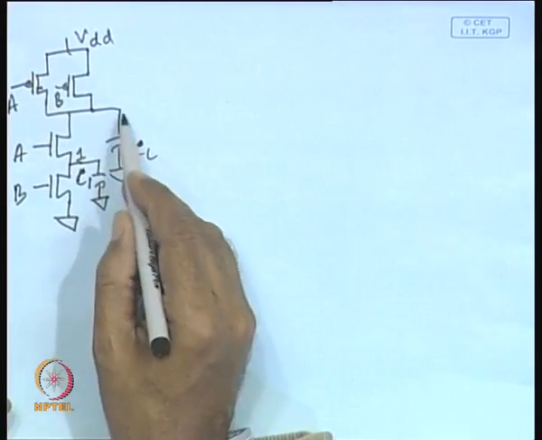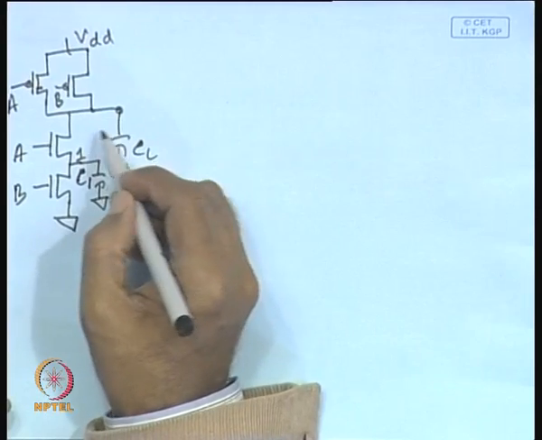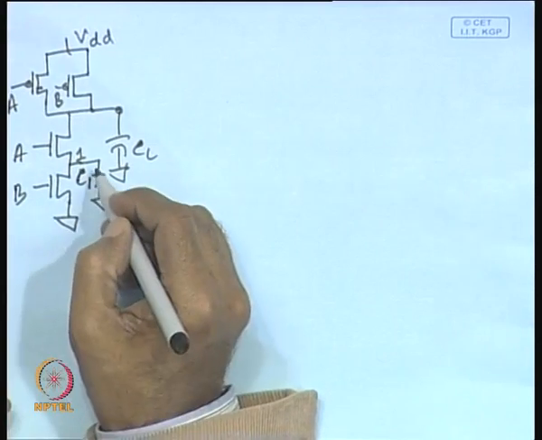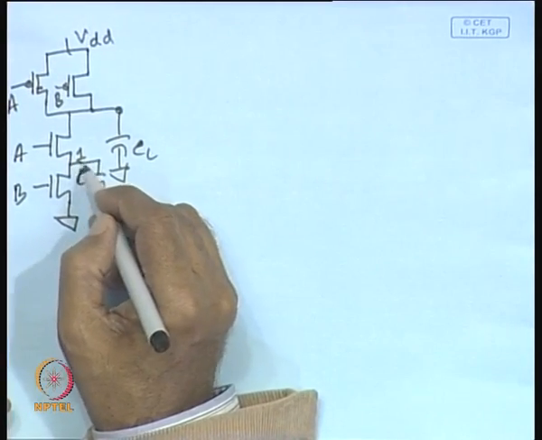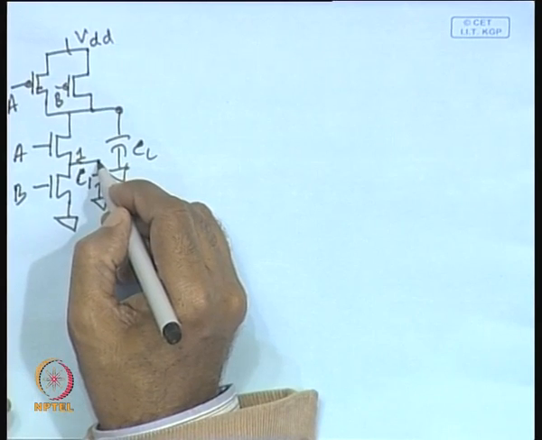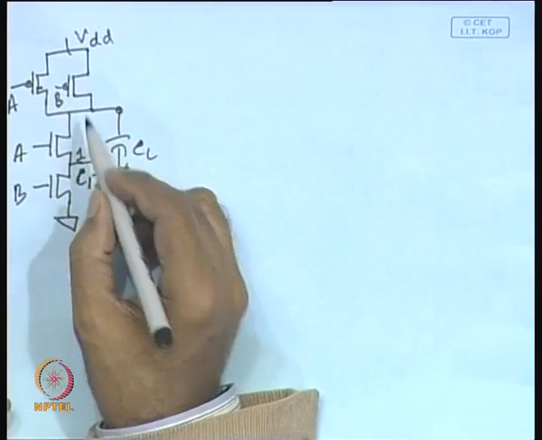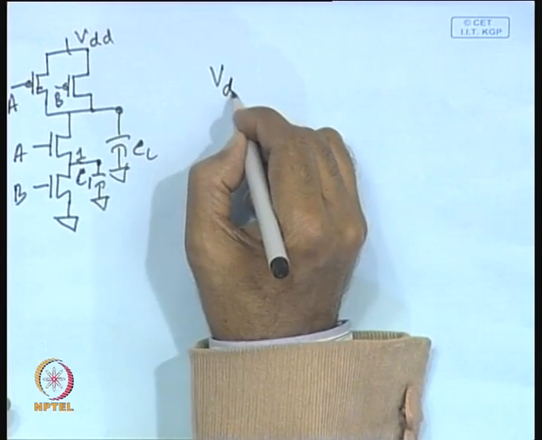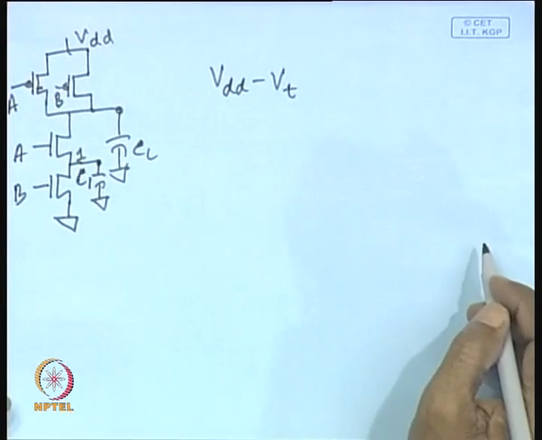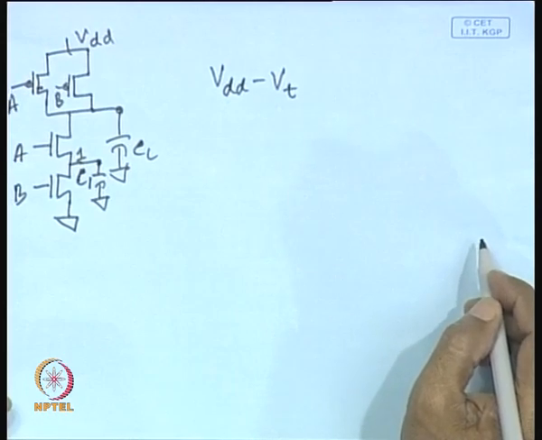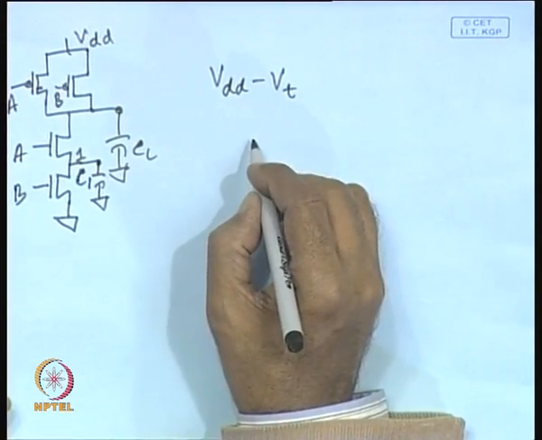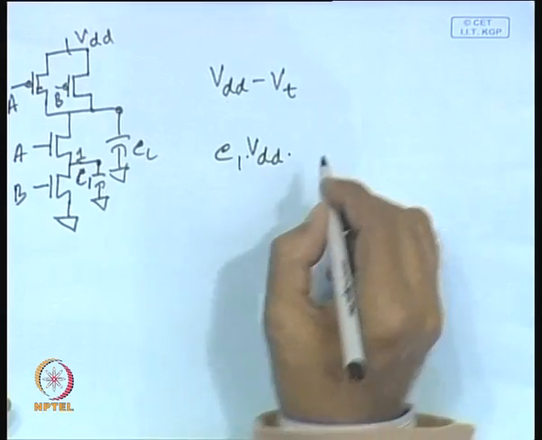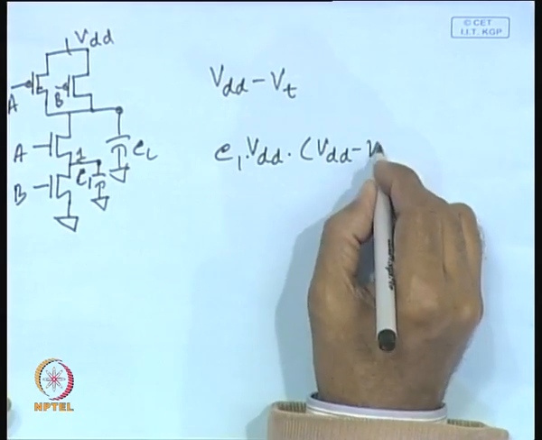Now, whenever this particular node is charging and discharging, this capacitor also will charge and discharge. However, in this case the switching will not be from 0 to VDD, because, as you know, whenever charging takes place through an NMOS transistor, it can charge only up to VDD minus VT. So, the energy drawn will be VDD into C1 into VDD minus VT.